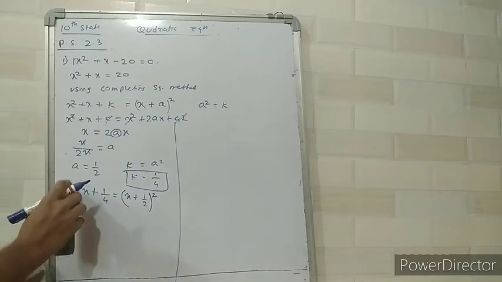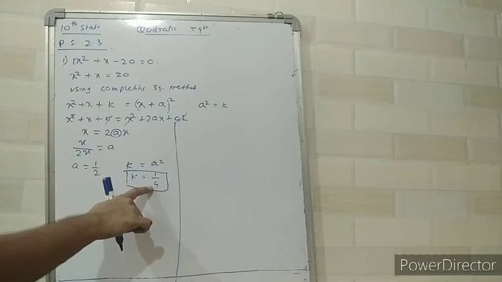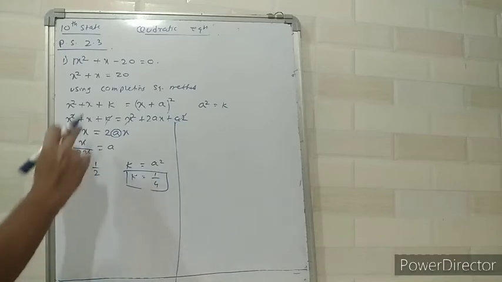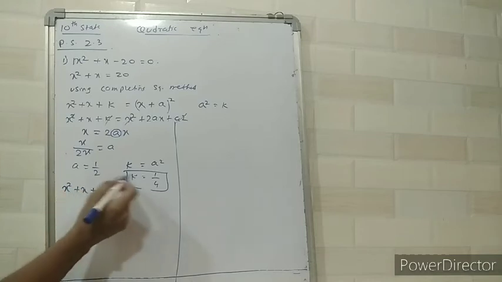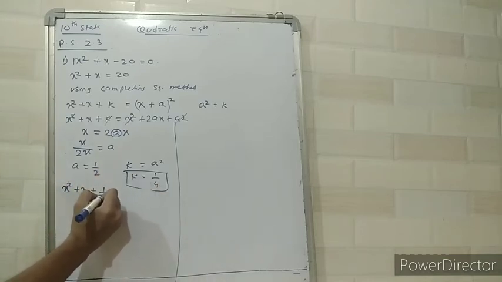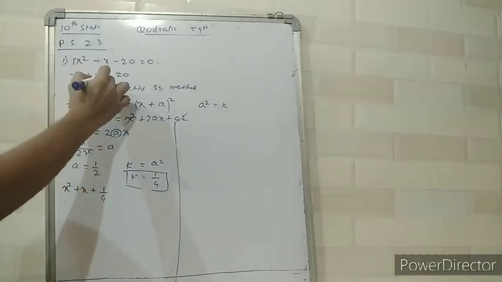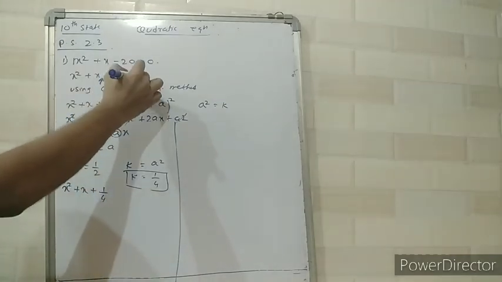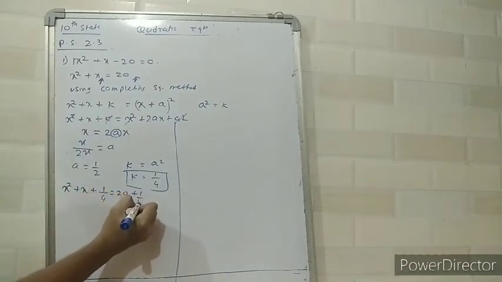We have the value of k and we have the value of a. What is the value of k? 1 upon 4. So we are adding 1 upon 4 on this side, as well as I will add 1 upon 4 on that side. That will be 20 plus 1 upon 4.